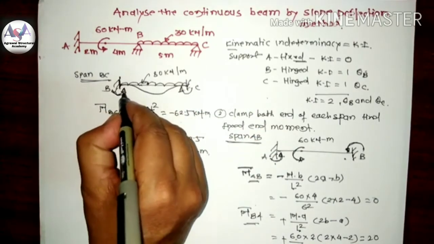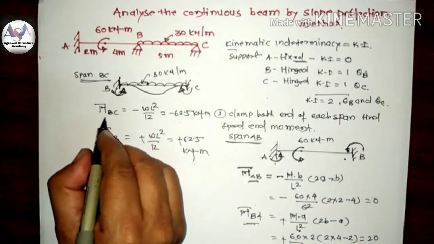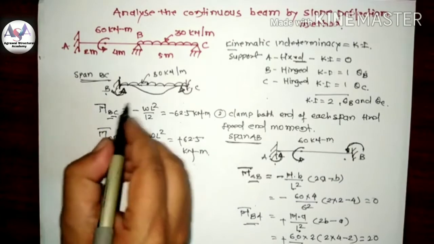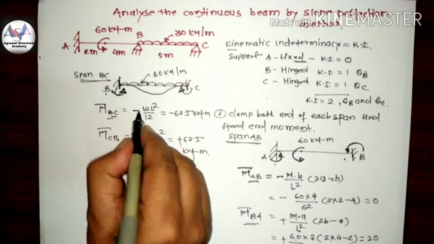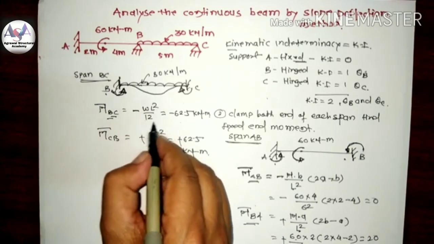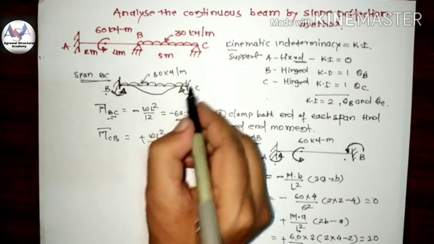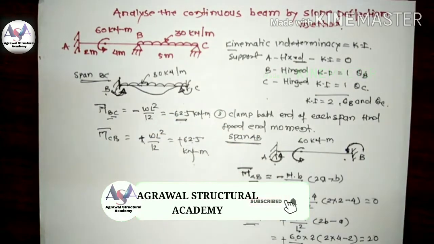That is why we apply them in the hogging way. Now for M bar BC, this is anti-clockwise, that is why it's taken as minus, and the formula is wl square by 12, 62.5. And for this, which is clockwise, it is plus wl square by 12, and that value is 62.5.